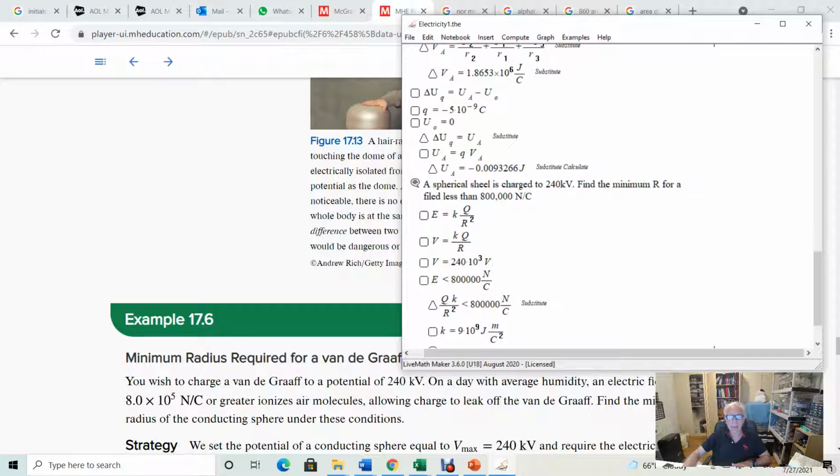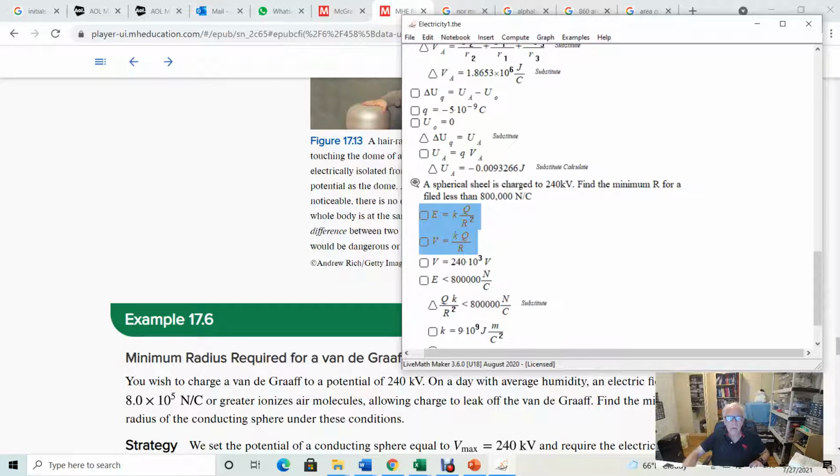I hate to have the same unit for both, but that's what it is. Two equations. I have the inequality for E. The two equations are those two right in here. And that's the condition that you must apply.